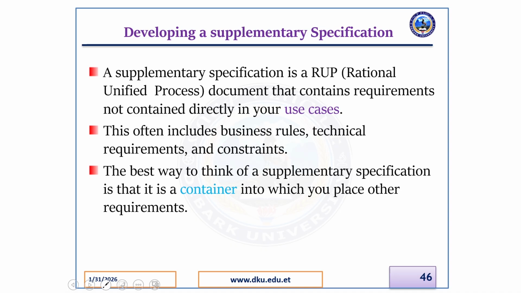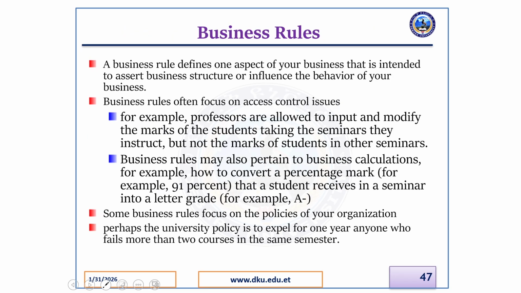This often includes business rules, technical requirements, and constraints. The best way to think of a supplementary specification is that it is a container into which you place other requirements.